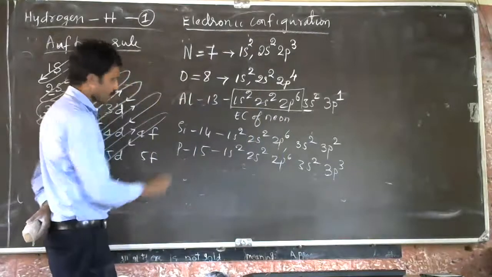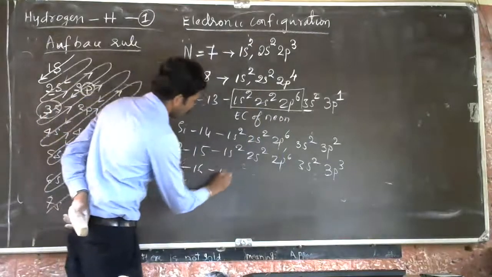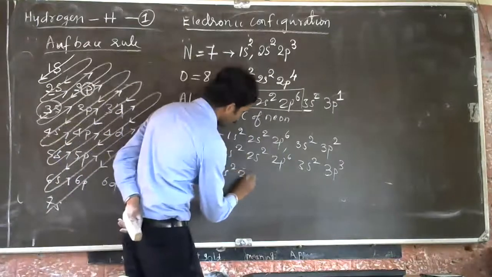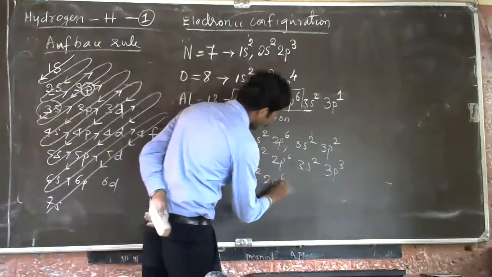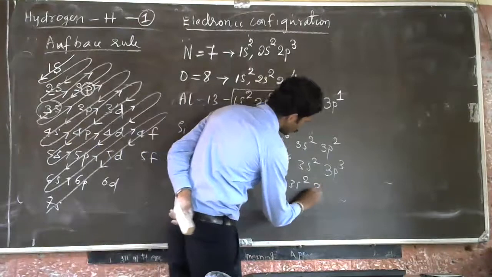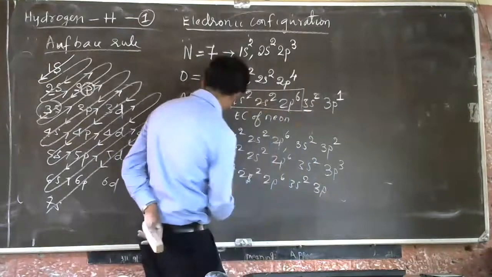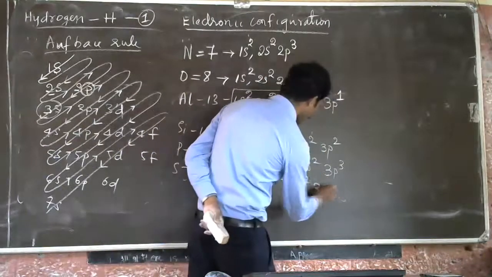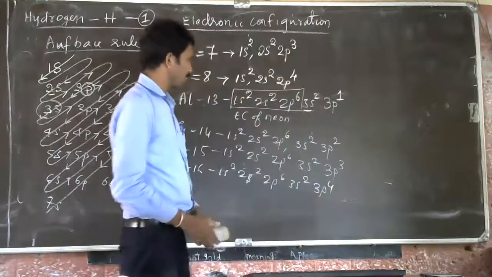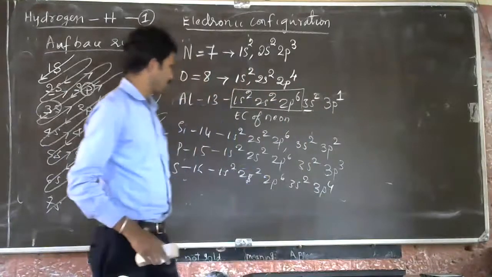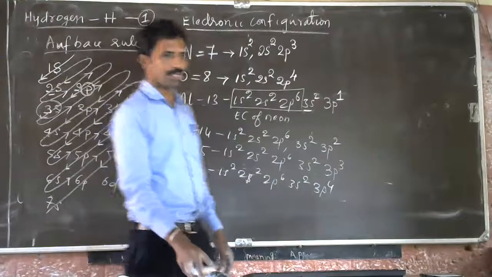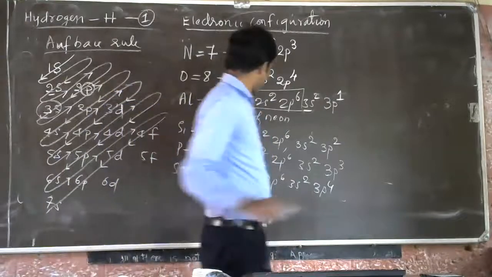Phosphorus, then sulfur 16. So 1s2, 2s2, 2p6, 3s2, 3p. How much? 16 means 4. Next one you only write.